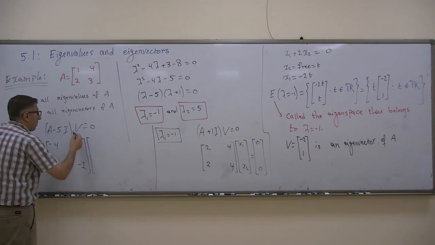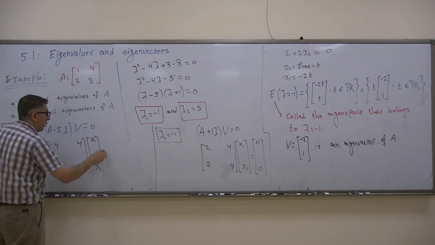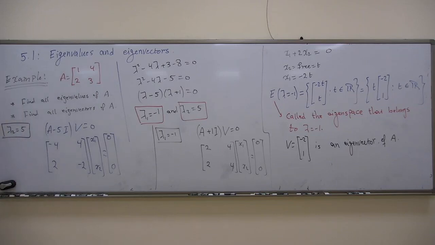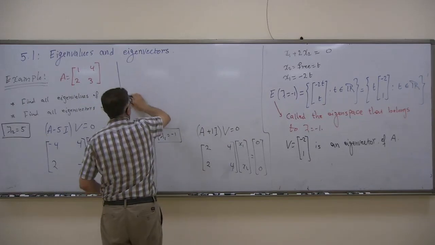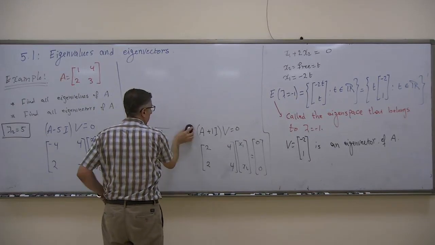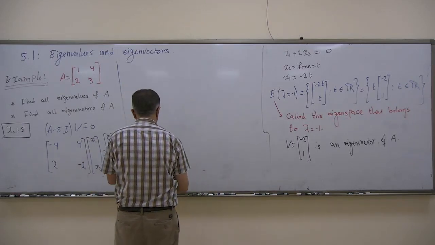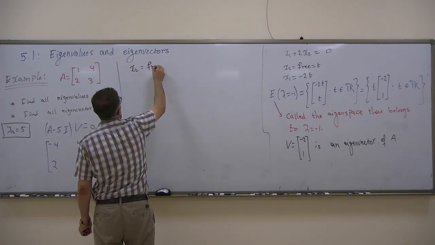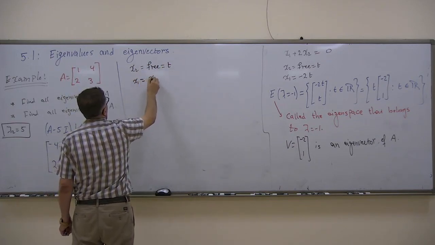And here, we don't know what is V, so you set it x1, x2, and here 0, 0. So now you solve. Again, when you solve, you get x2 is free, and you get x1 equals x2.